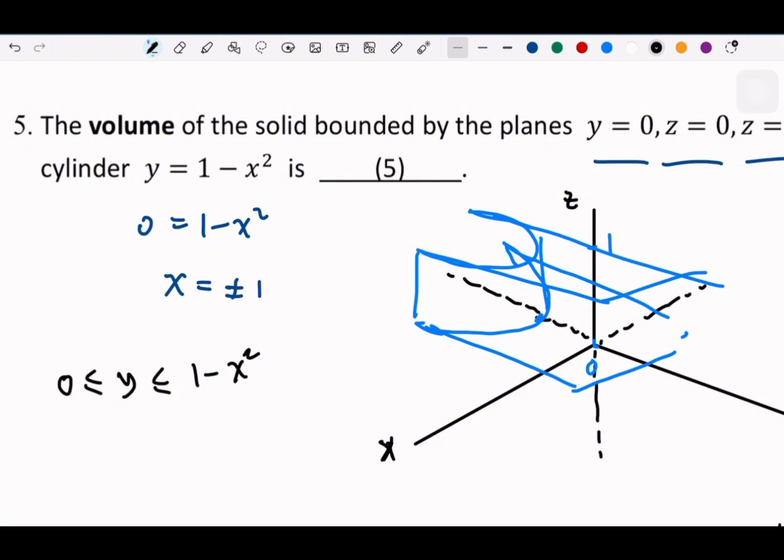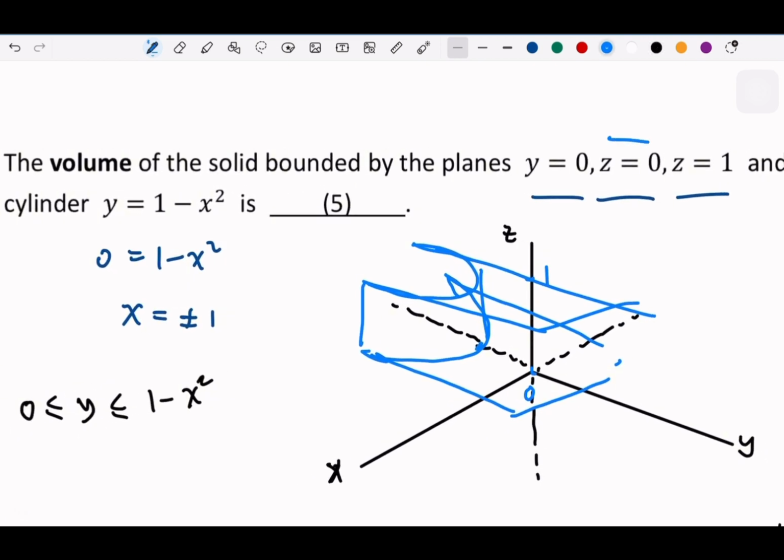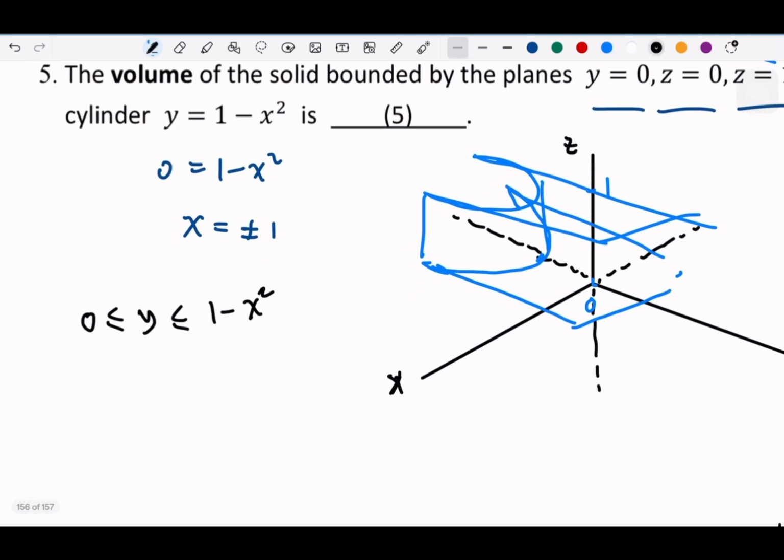In a triple integral, the cylinder serves as the function of two variables, and the other two will be either constants or functions of one variable. But since we don't have any other functions, we have all the constants we need. For example, z is from 0 to 1, so we take 0 to 1 as our constant endpoints.